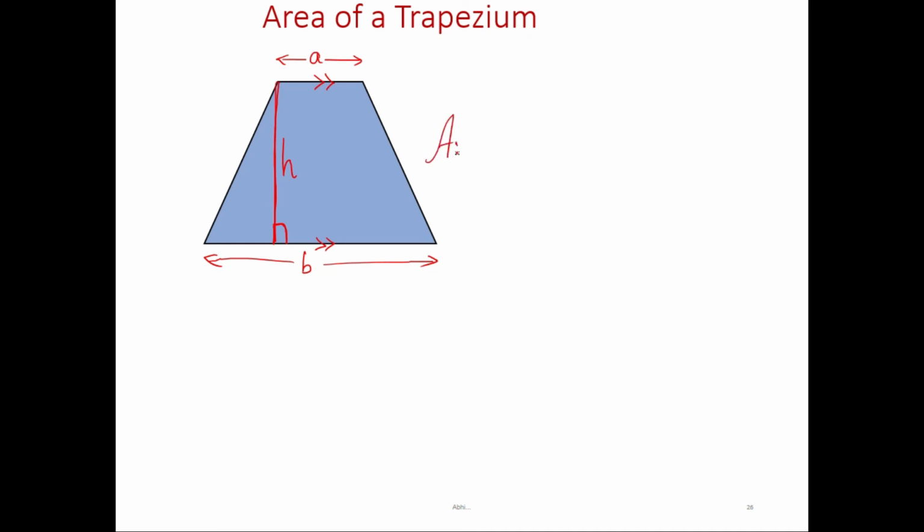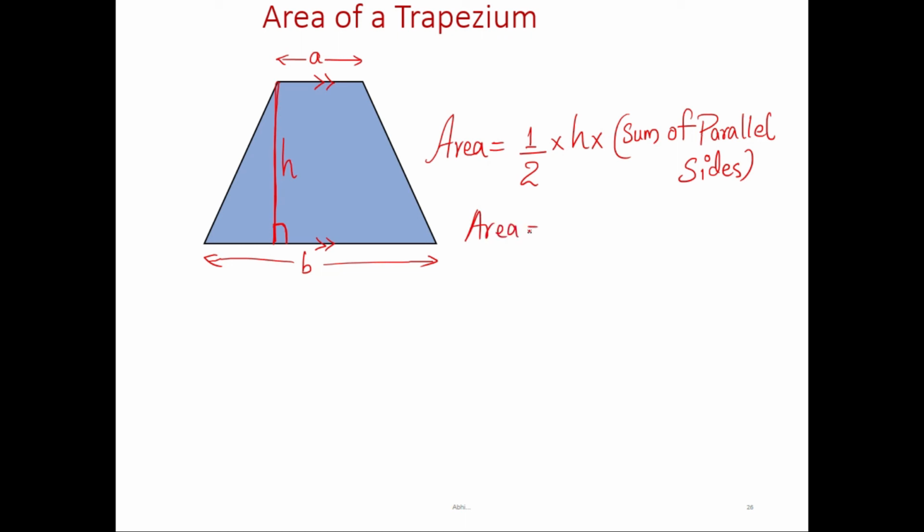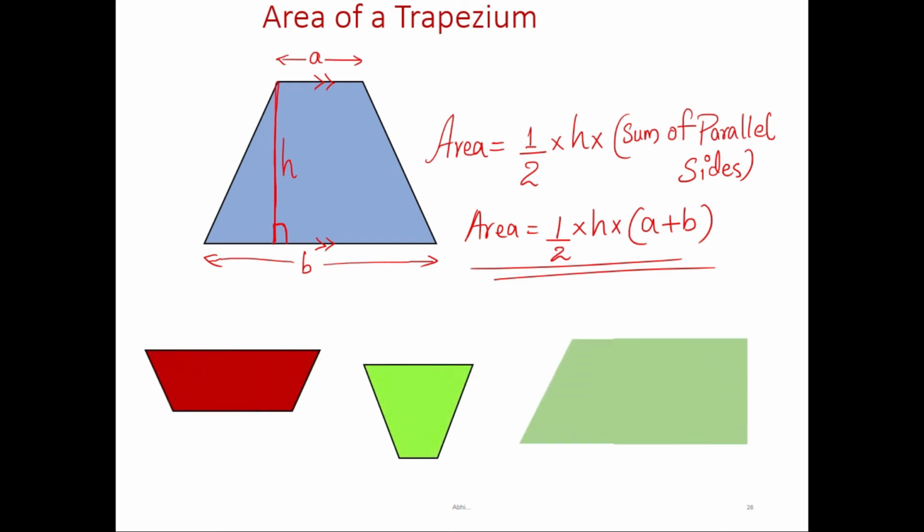Now, area is given by half times h times the sum of parallel sides, which can be rewritten as area is equal to 1 over 2 times h multiplied by A plus B. Now, some of the trapeziums that come before you may look like these.